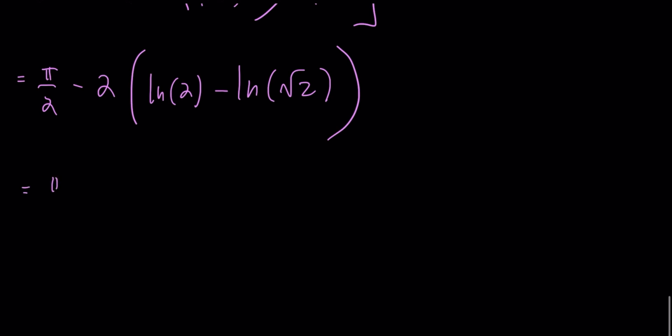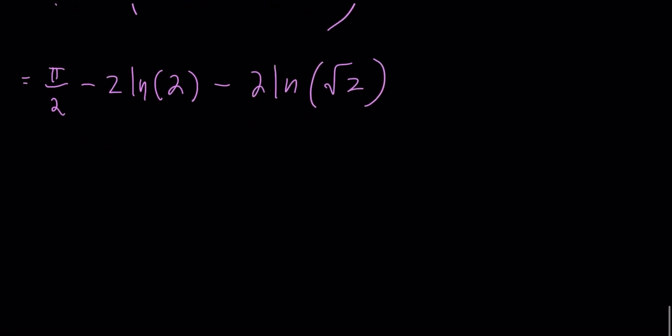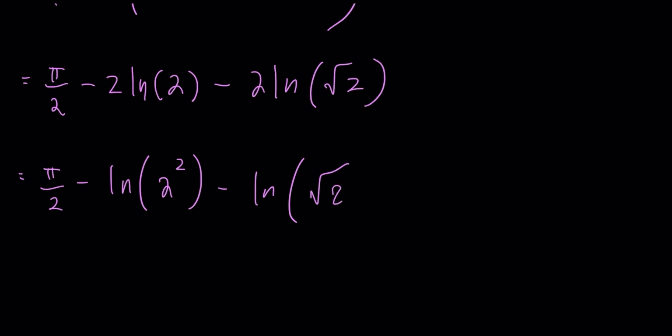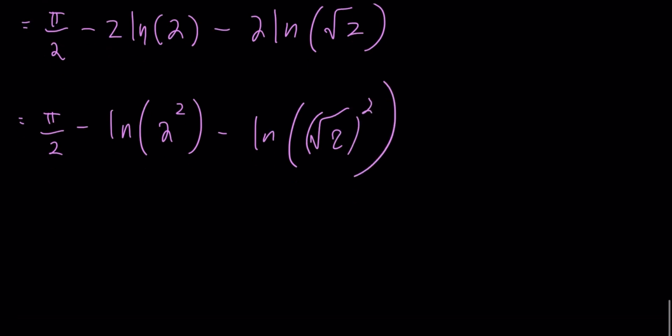So this is equal to pi over 2 minus twice the natural log of 2 minus twice the natural log of the square root of 2. So it is equal to pi over 2 minus the natural log of 2 squared, using logarithm rules again, minus the natural log of the square root of 2 squared.